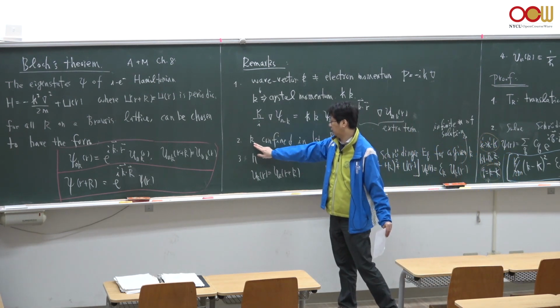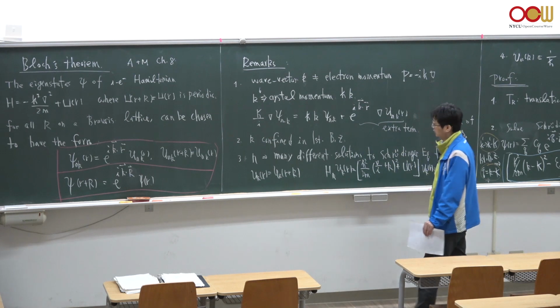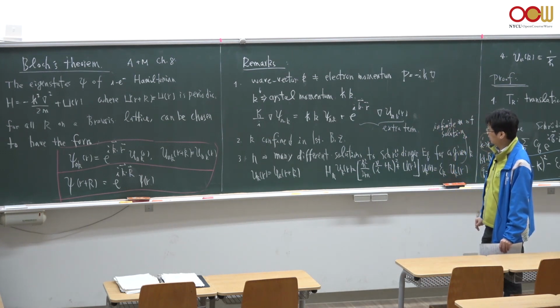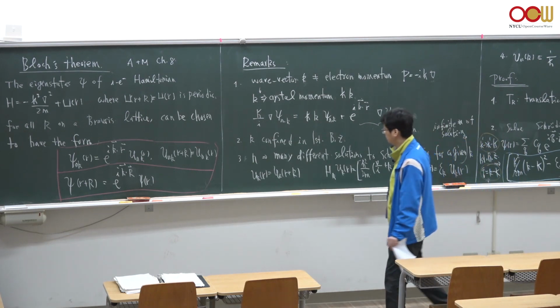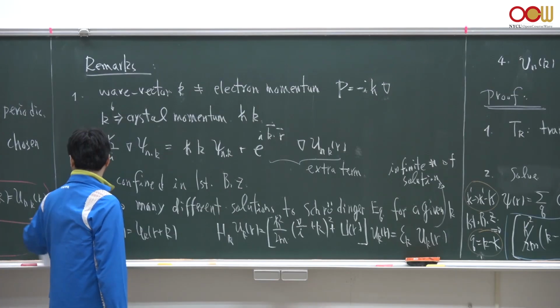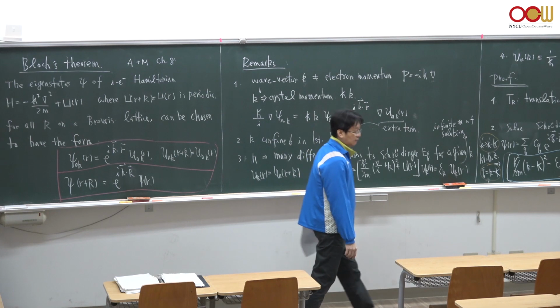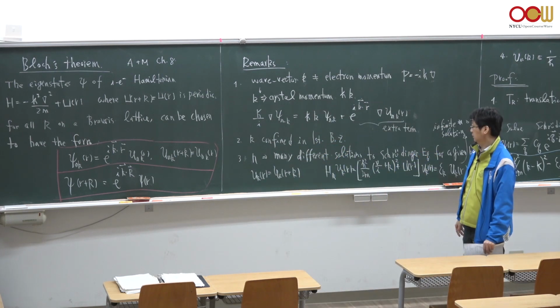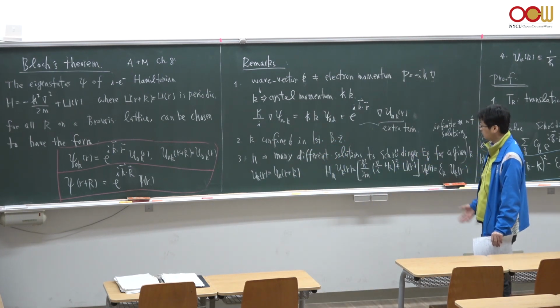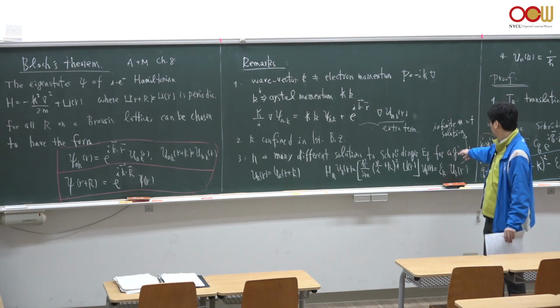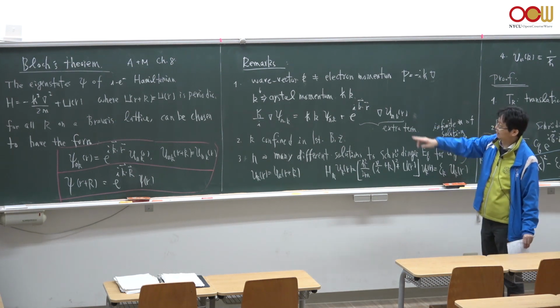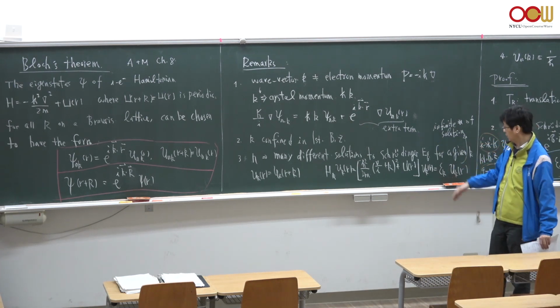Number two is that the wave vector k is confined in the first Brillouin zone. It's called the reduced zone representation. And number three is that this label n labels the different solutions to the Schrödinger equation for the one-electron system under periodic potential.